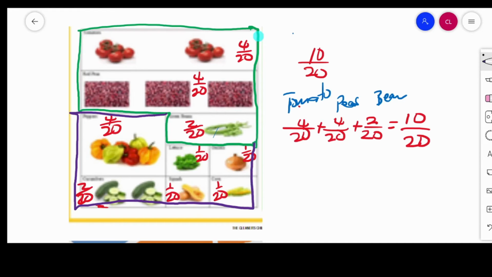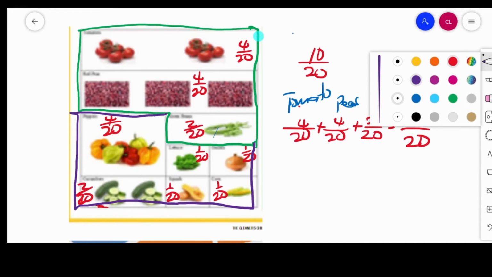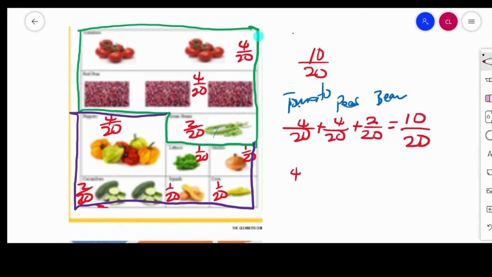So let's see if that is correct. So the peppers would be 4/20 plus the cucumbers, which would be 2/20, plus we have here the lettuce 1/20, plus the onions 1/20, plus the squash 1/20, plus the corn 1/20.